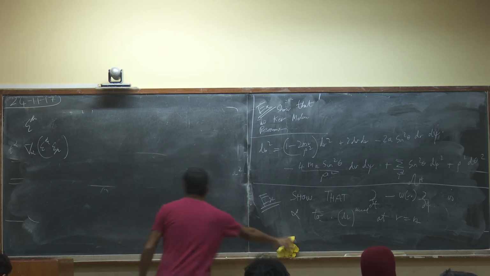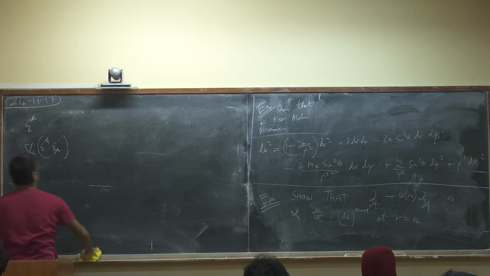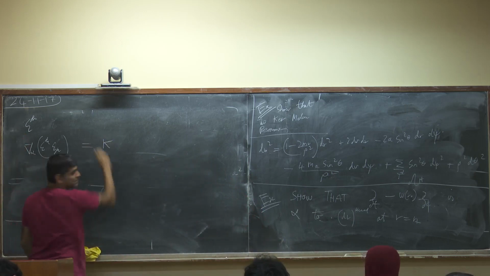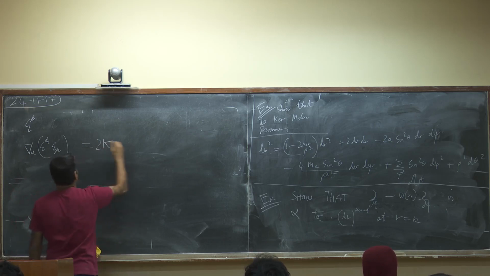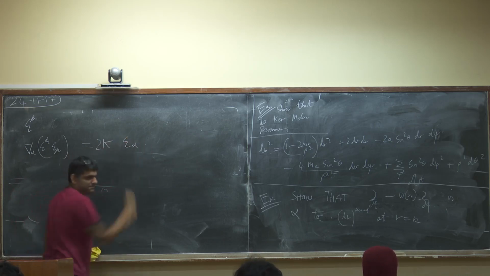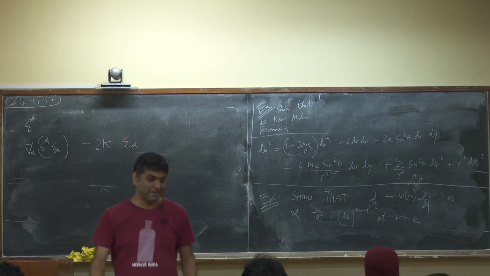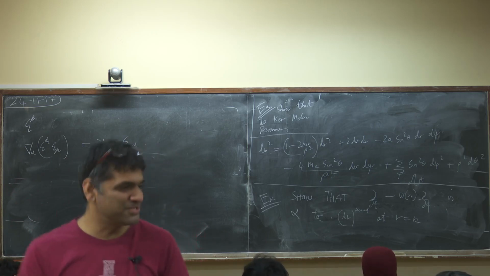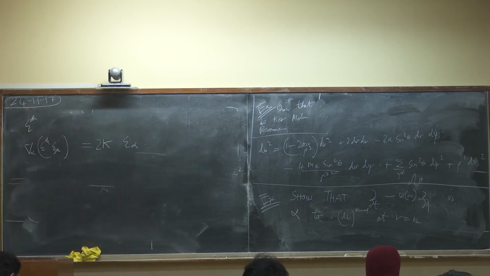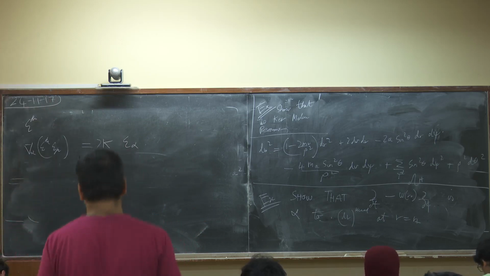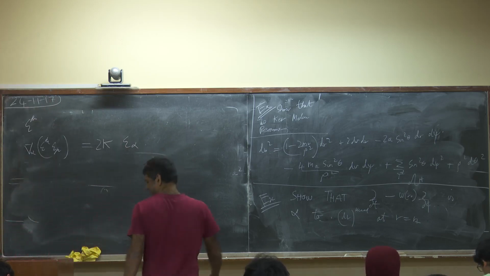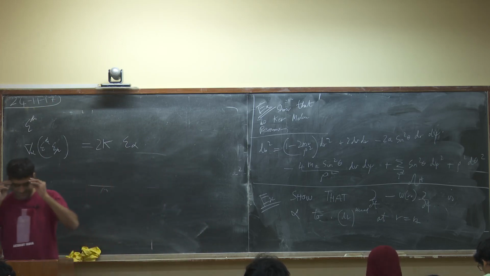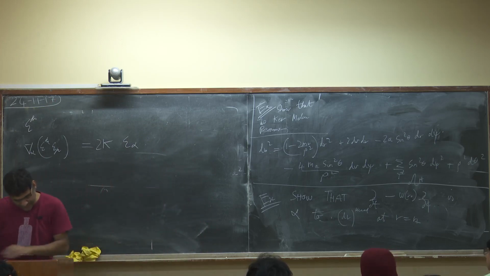And therefore it must be that this is equal to some constant times zeta_alpha, because zeta_alpha is proportional to the generator. Is this clear? Let me check I've got the factors of 2 right in my equations.